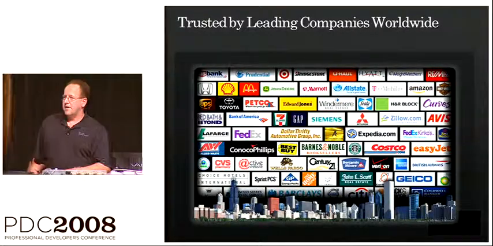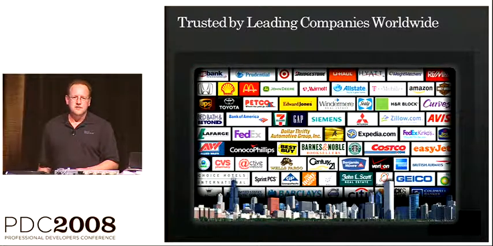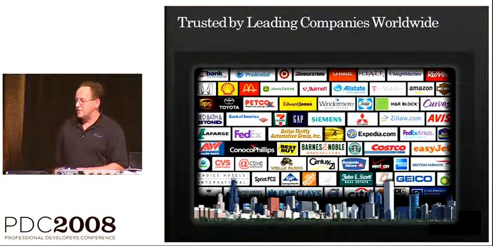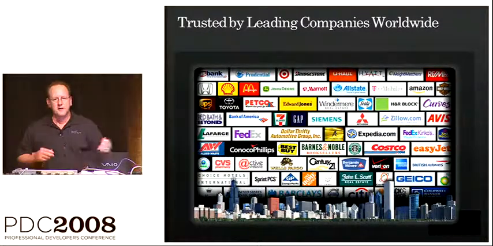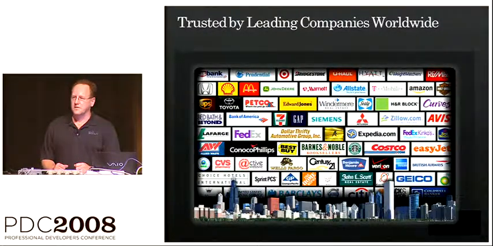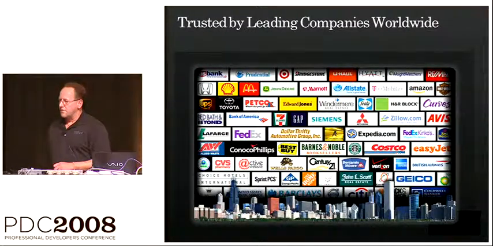So the obligatory company slides, I call this the slide of 1,000 logos. It just shows that Virtual Earth is used and trusted by leading companies worldwide, building applications to help them connect better with their customers, whether they're building a store locator or help find an ATM. Many real estate companies get a lot of value out of using Virtual Earth to service the properties they have for sale or rent on their sites.